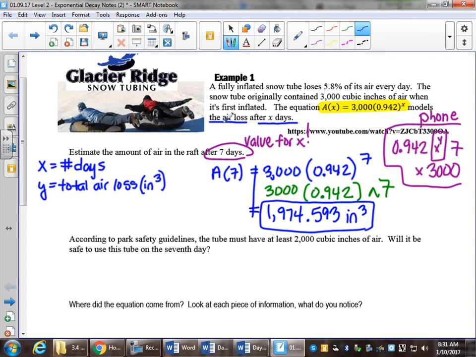And a sentence is always really nice. So to know how to write the sentence, you can actually take your question. You were told, estimate the amount of air in the raft after 7 days.